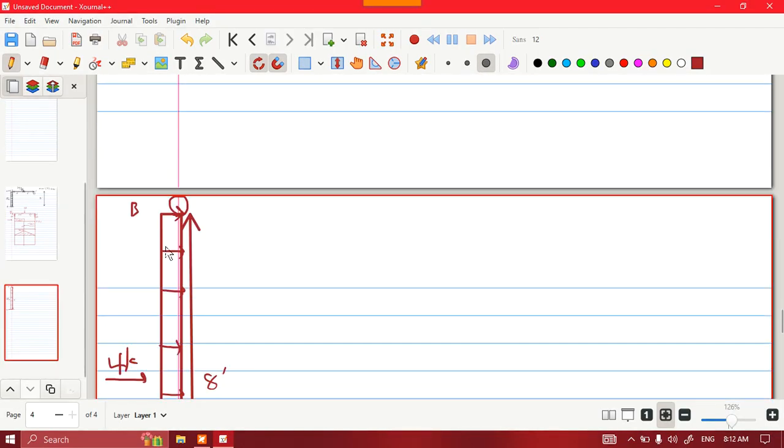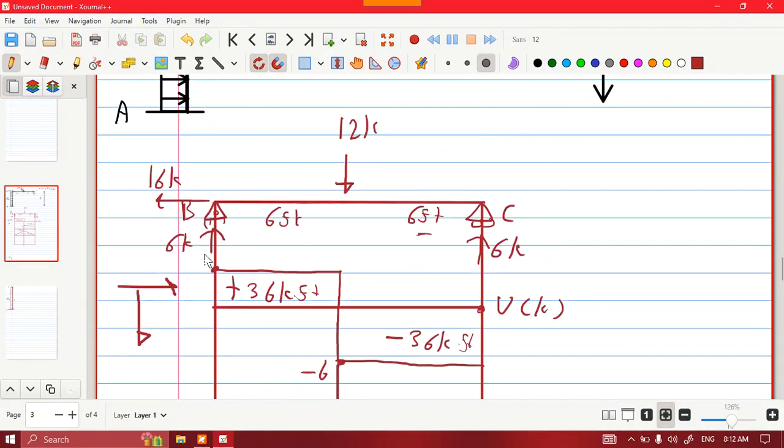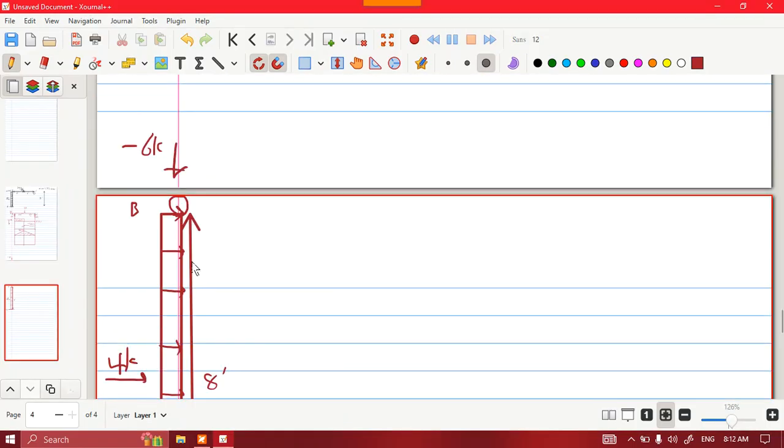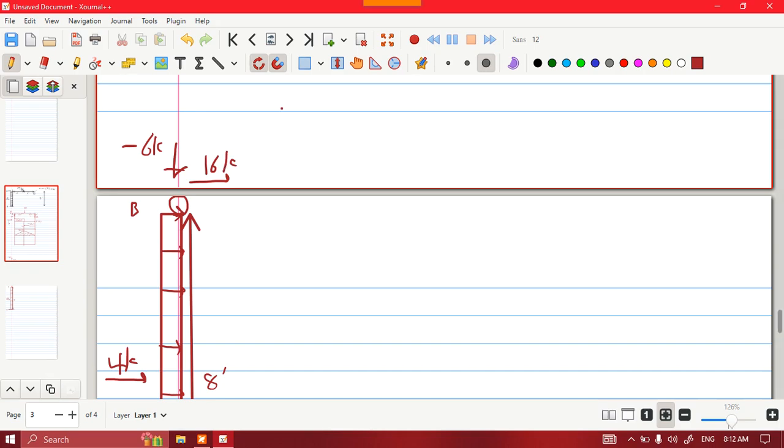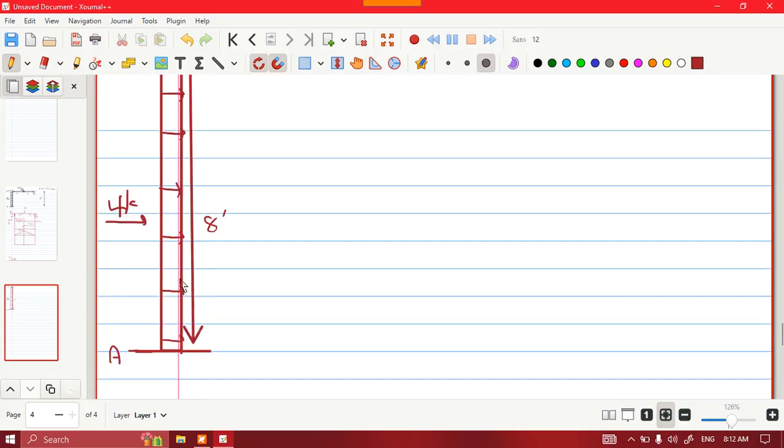This is always true and valid for frames in links or in any other support. We have here minus 6 kips downward, and we are going to have the opposite direction. Yes, we're going to have in the right direction 16 kips.